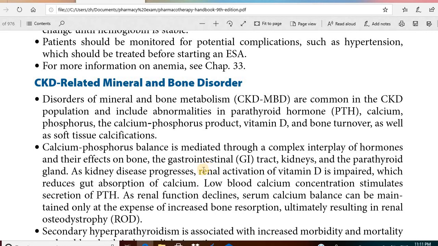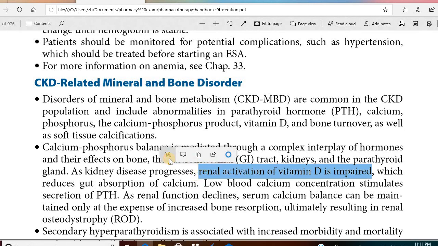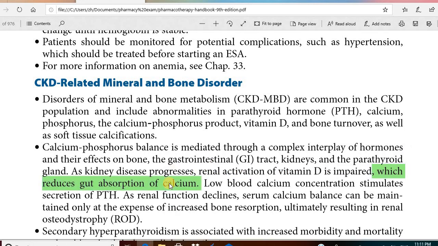So the kidney is responsible for the activation of the vitamin D. If your kidney is not functioning properly then this process will be delayed, which reduces the gut absorption of calcium. As renal function declines, serum calcium balance can be maintained only at the expense of increased bone resorption, ultimately resulting in renal osteodystrophy.